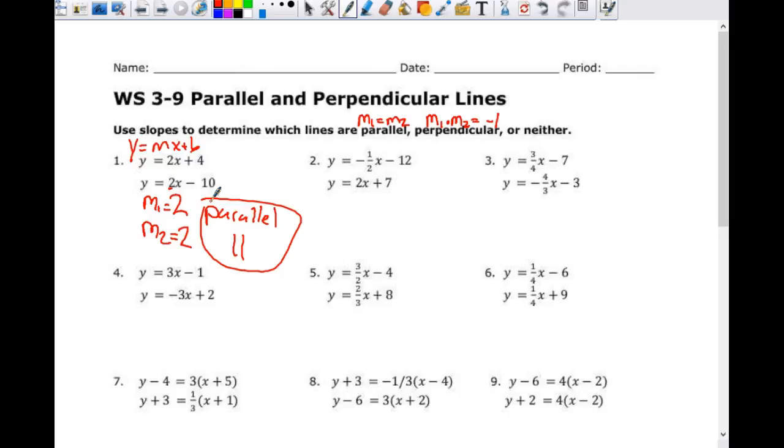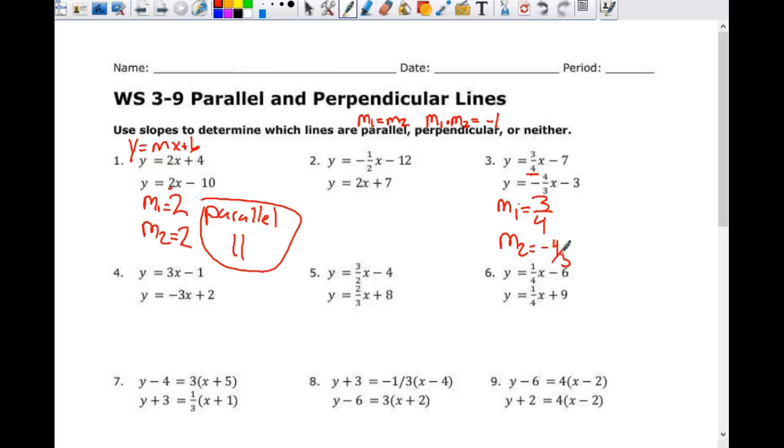All right. 3 over 4 and negative 4 over 3. M1 is equal to 3 over 4. What's our M2 going to be equal to? Negative 4 over 3.